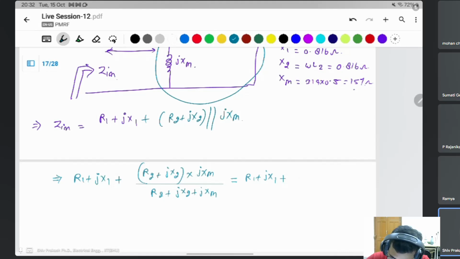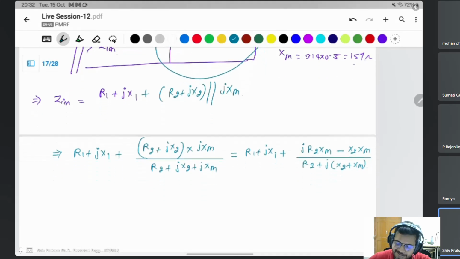If you multiply this one, then R2 will become an imaginary part, jR2 XM. Multiply by this one, j square will be minus 1, minus X2 XM, divided by R2 plus j of X2 plus XM. Put the values of all the things, then calculate the final answer.